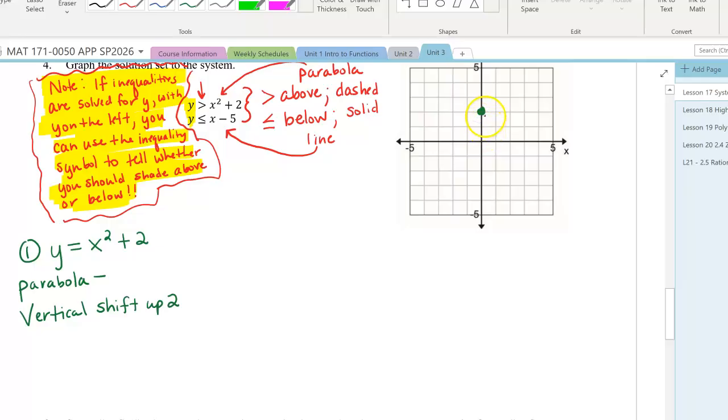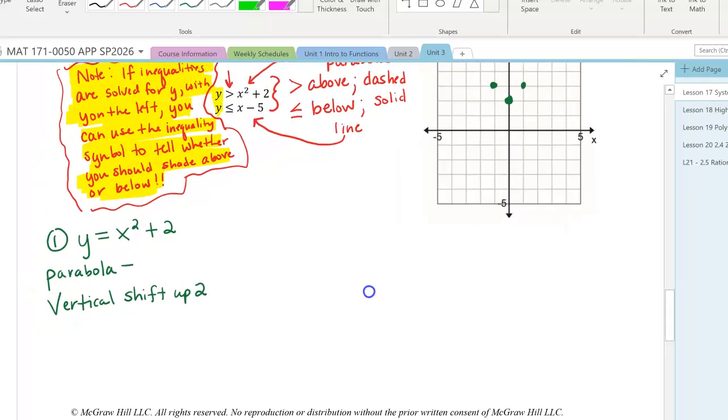We need another point on there. You can get that by shifting; the parent graph has the point 1, 1, and we can shift that up 2, and we can reflect that point over here. You can also get that algebraically.